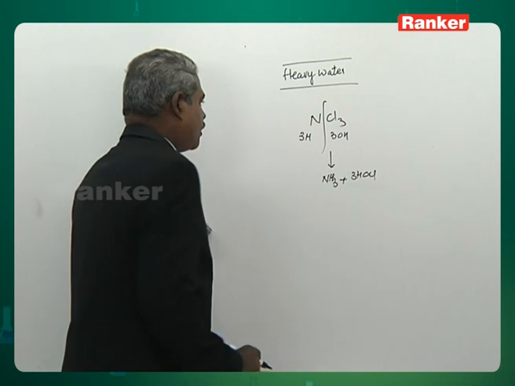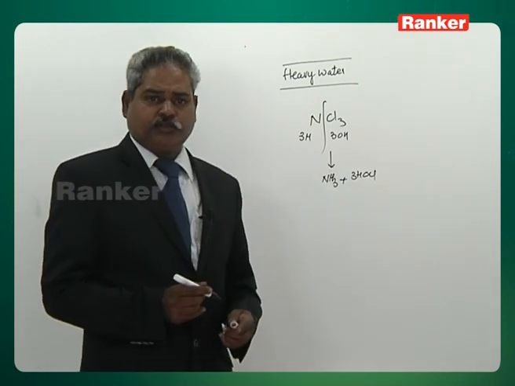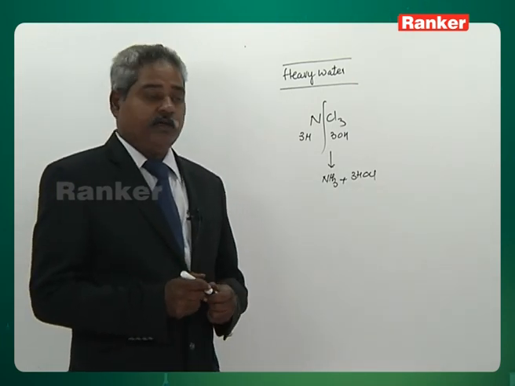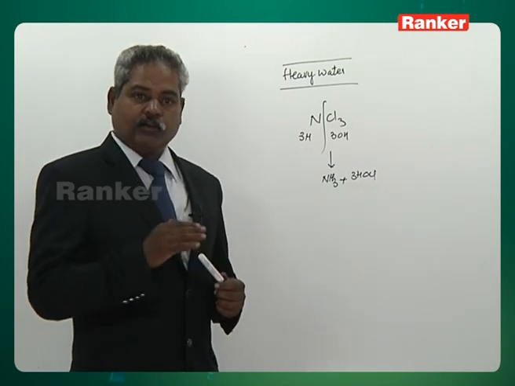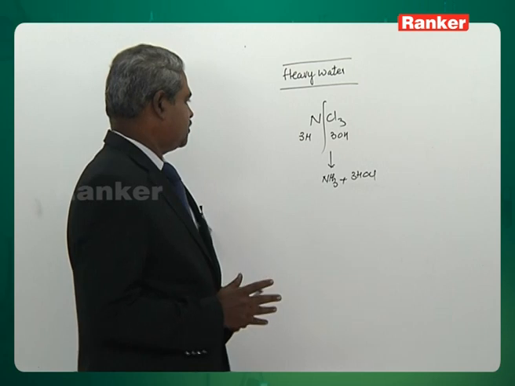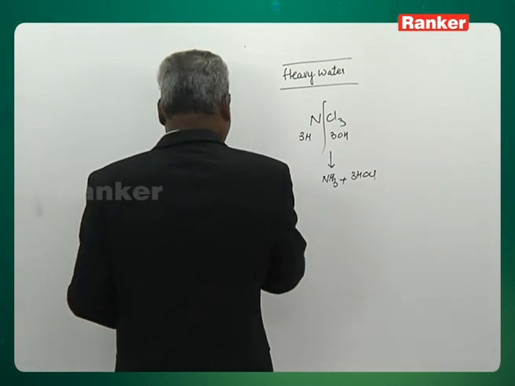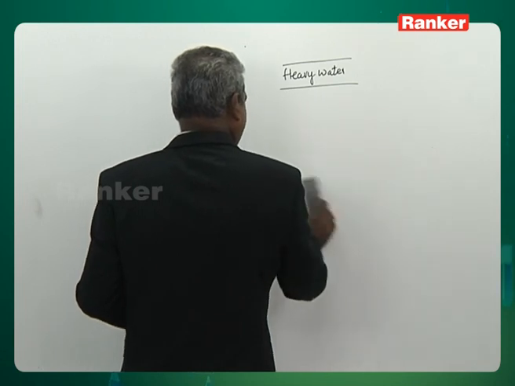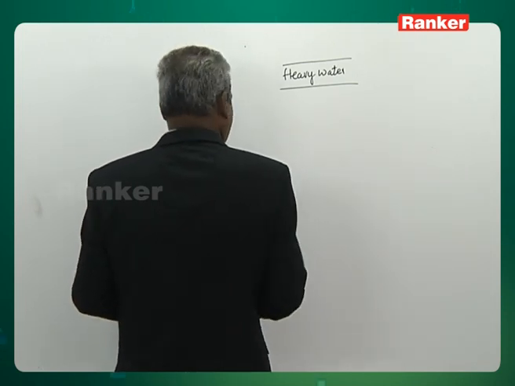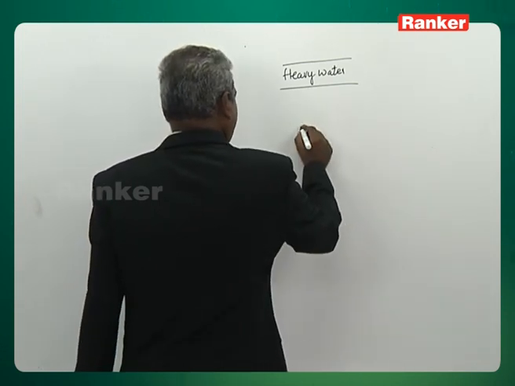So in P block, you will see so many compounds reacting with water. There we won't learn hydrolysis separately. I have taught hydrolysis here. My definition of hydrolysis is reaction with water, reactivity with water.